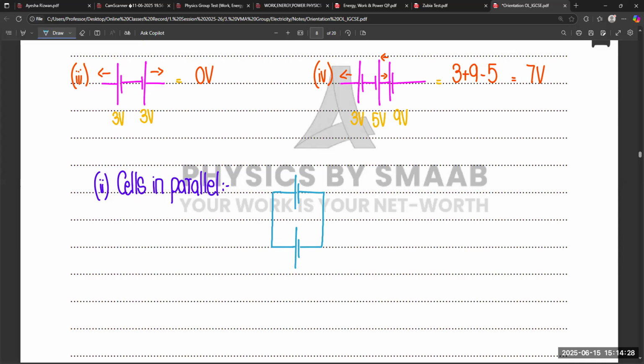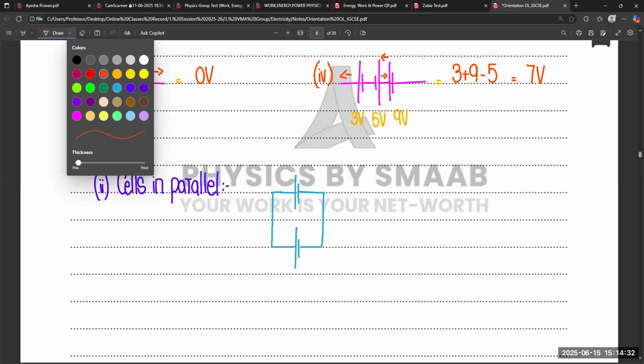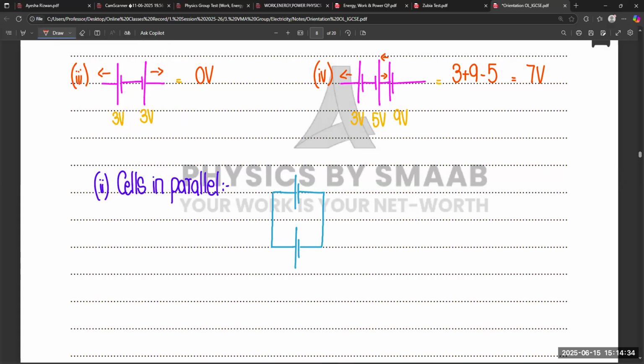So this is the concept of parallel combination, that the same ends are connected on one side and the other end connected on the other side. And for example, if this is 1.5 volt, this is 1.5 volt also. It is connected into the circuit. V1, V2.